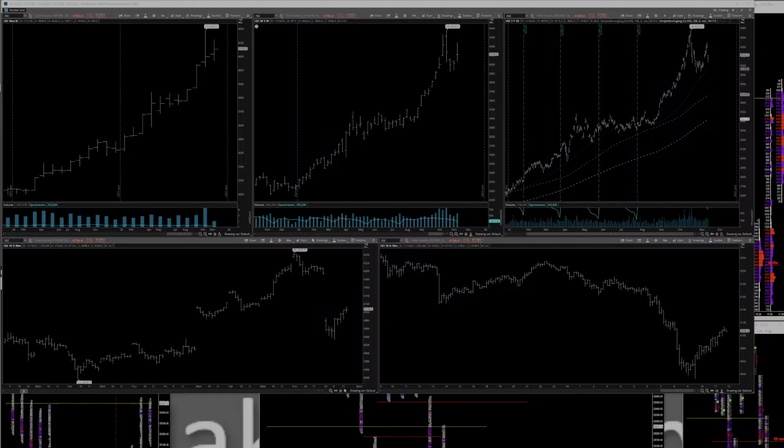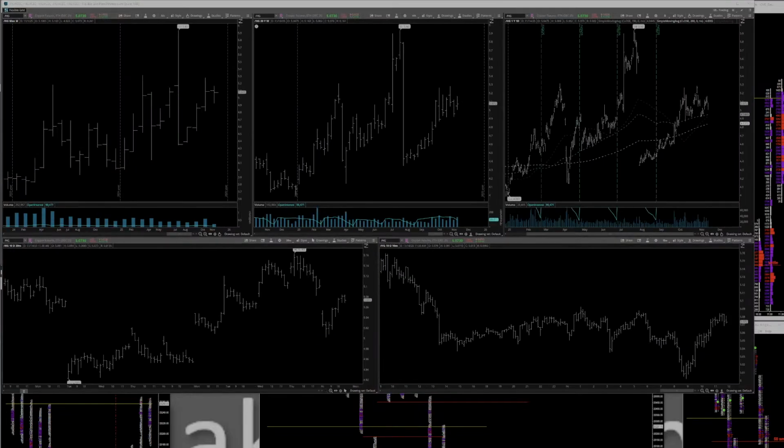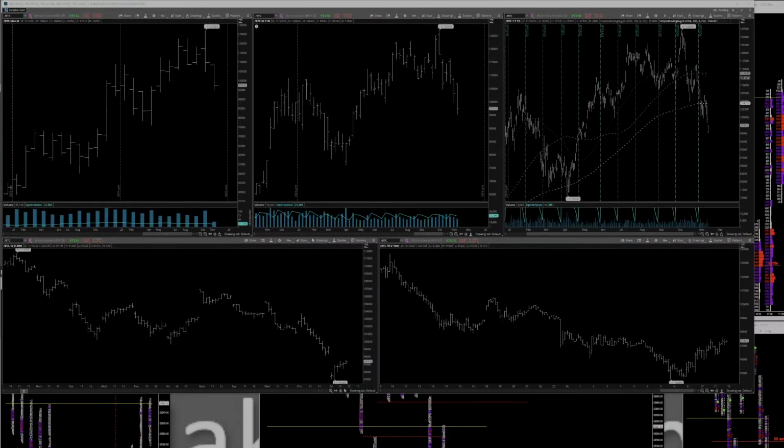Natural gas, gold, silver, copper. Where's Bitcoin? Ooh, look at that! Look at this! It's freaking Bitcoin. What the heck is going on here? 95.